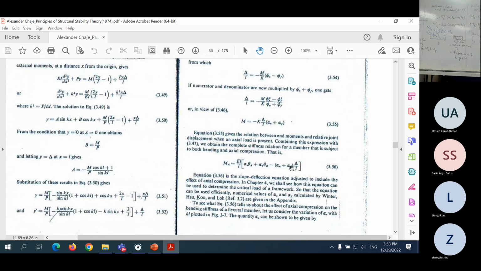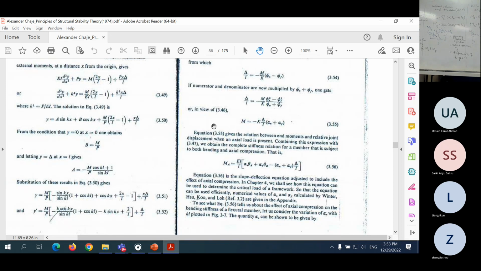Now, after this, the main thing is we want to look at how to apply this set of slope deflection equations to solve for P critical. The equation that you need to know to be used is M_A, as written on the whiteboard there, M_A equal to, in general, EI over L, on the right-hand side of the board there.